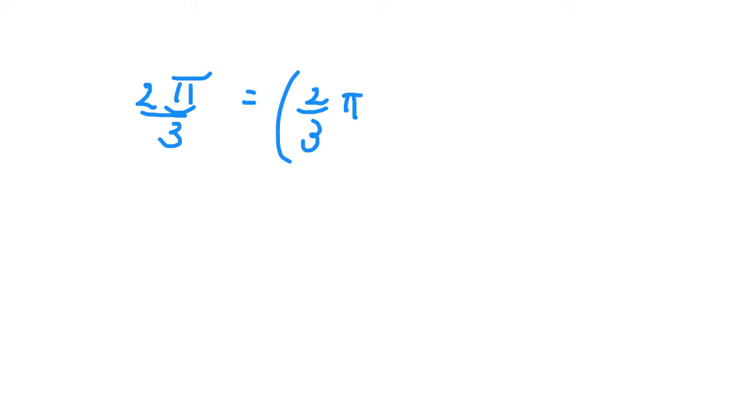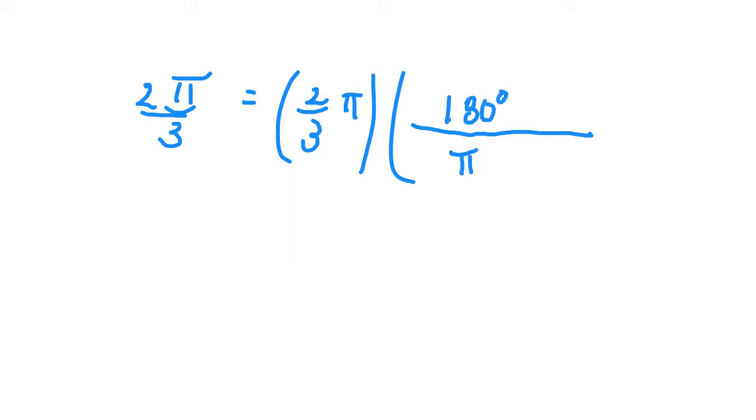I appreciate all the answers, Arian, Logan, Marina, that's right. So how do you convert? We put pi radians below, and how many degrees are in pi radians? You should know, 180. Good, 180 degrees.